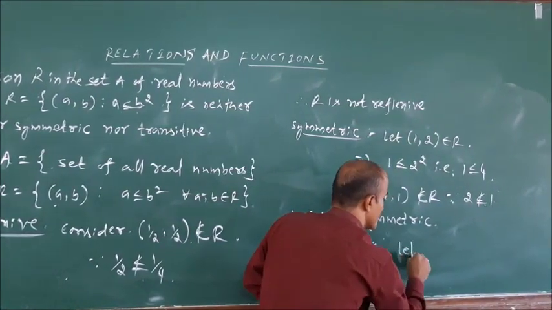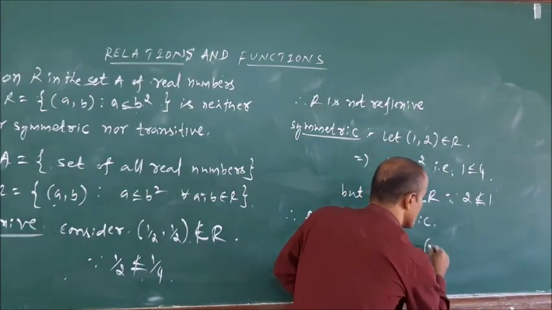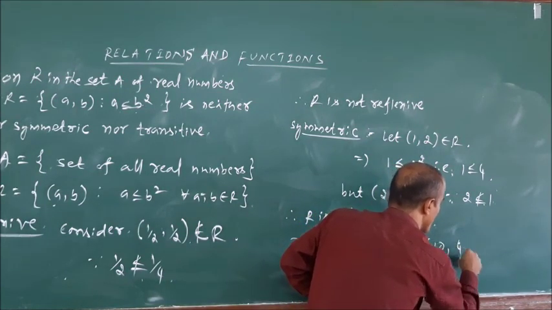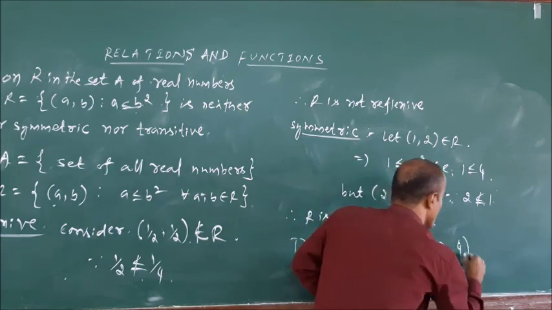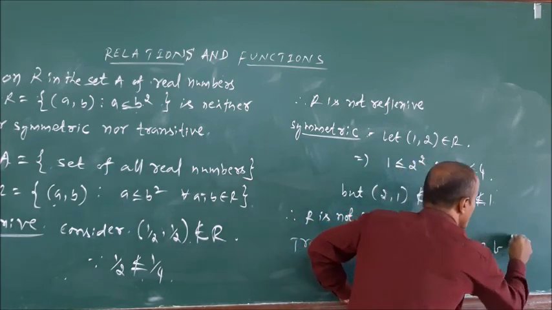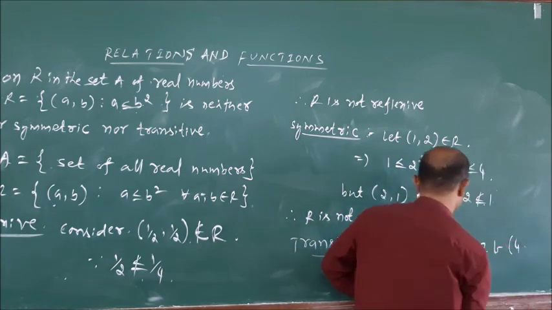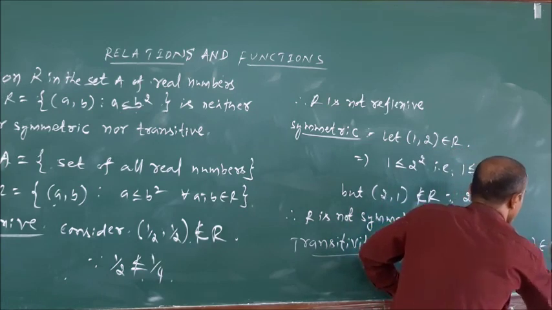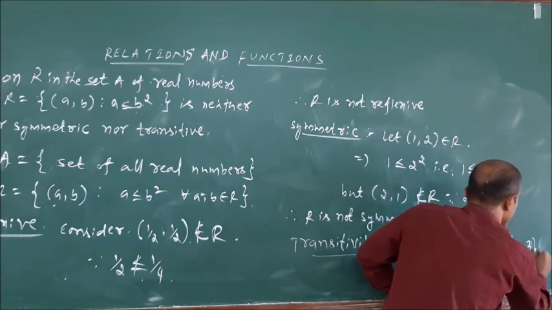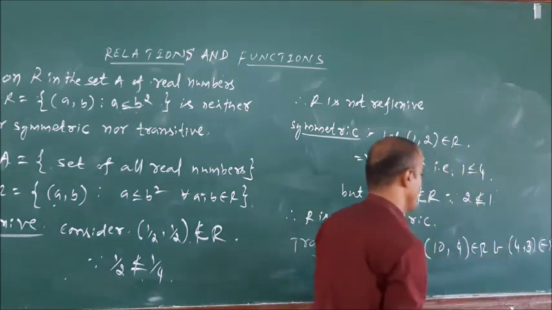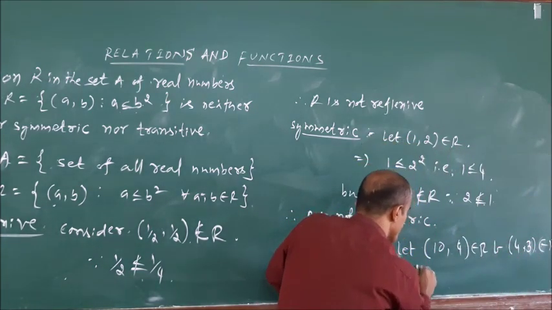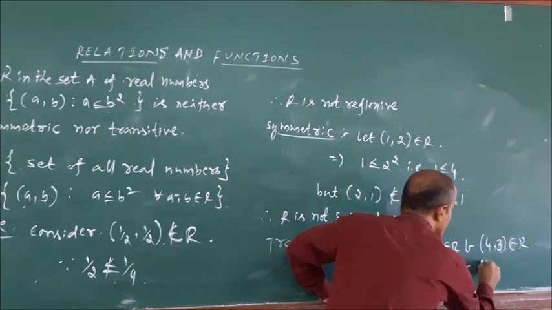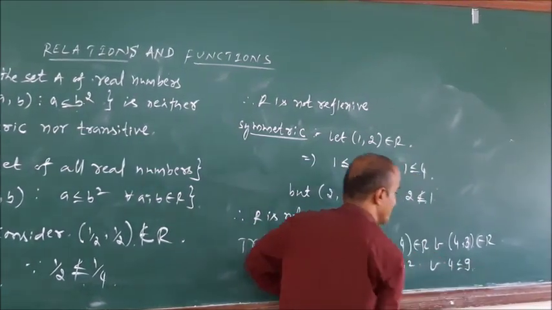So now for transitivity, let (10, 4) belong to R and (4, 3) belong to R. So (10, 4) belongs to R, which implies 10 is less than or equal to 4 square, and 4 is less than or equal to 9.